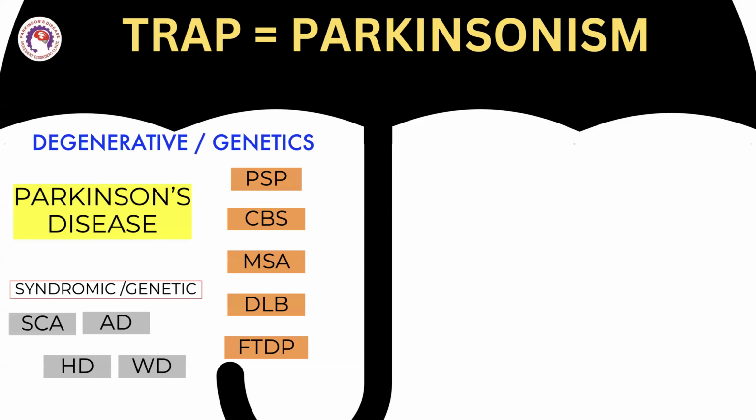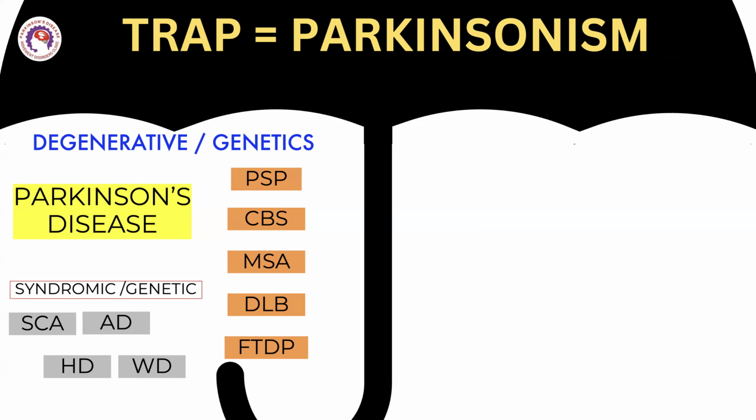And among them, there are various causes of Parkinsonism. The commonest we know are put under the category of degenerative or aging related disorders and genetic disorders. These include classical Parkinson disease and disorders which appear like Parkinson disease but have some add-on features. We call them Parkinson plus syndromes, such as PSP, that is progressive supranuclear palsy, where people have early onset balance issues and eye movements are restricted.